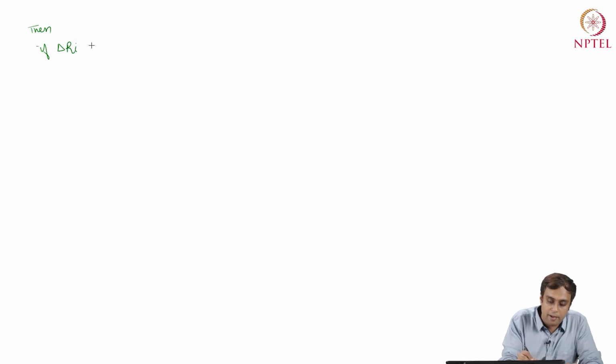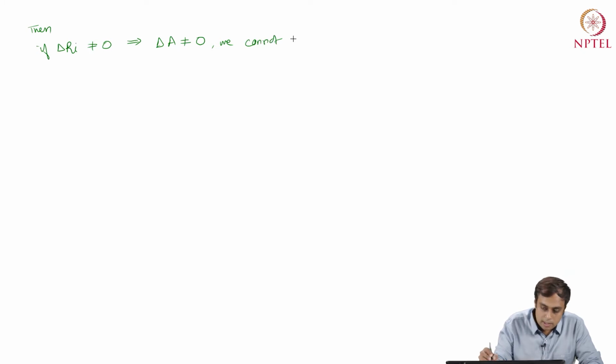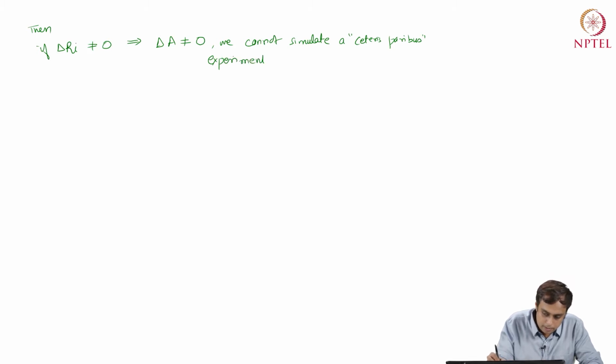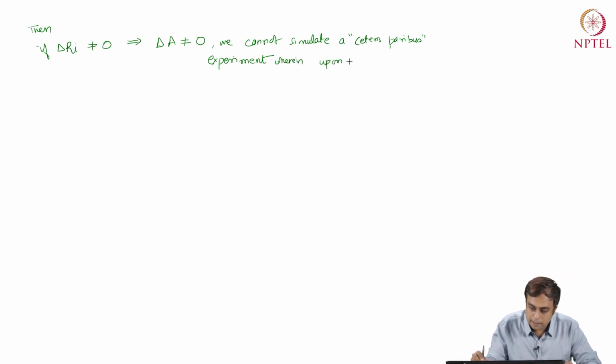Then, if delta Ri is not equal to 0 implies delta Ai is not equal to 0, we cannot simulate what is called a ceteris paribus experiment, wherein upon changing Ri to Ri plus 1, we could hold all else constant.